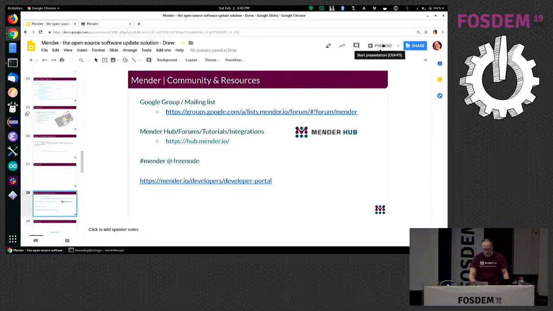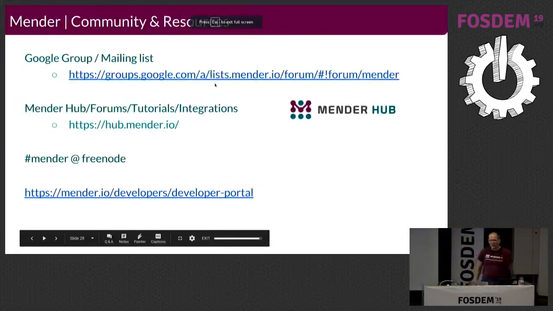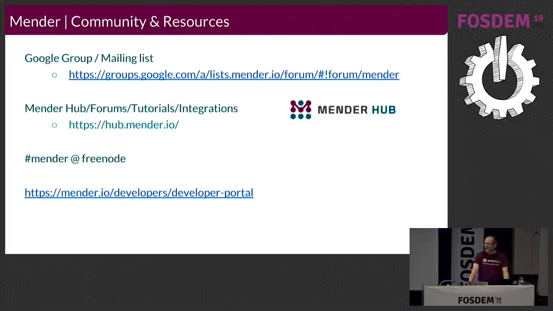And just to share a bit more here, we do have a Google group / mailing list that's out there. Pretty standard open source type working model. We love contributions. If you have any ideas, feel free to jump on our mailing list. Jump on hub.mender.io. That's our community site. We're actually migrating all of our mailing lists to there.